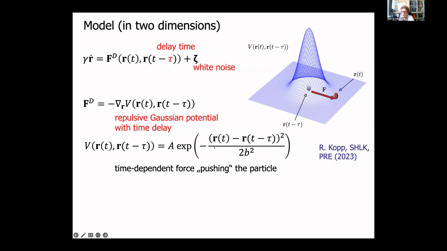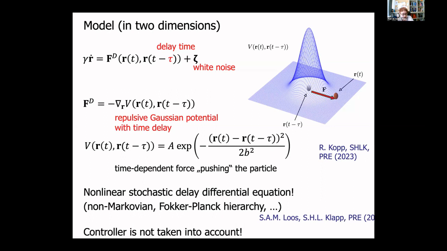This is written here. So what you can imagine is that you have a particle here, and the force is kind of a Gaussian located at the particle's position at an earlier time. So this is not easy, even if we do not do thermodynamics, but just want to investigate the dynamics, because what we have here is now a non-Markovian or delay differential equation.